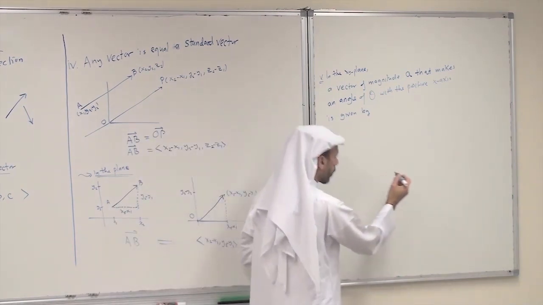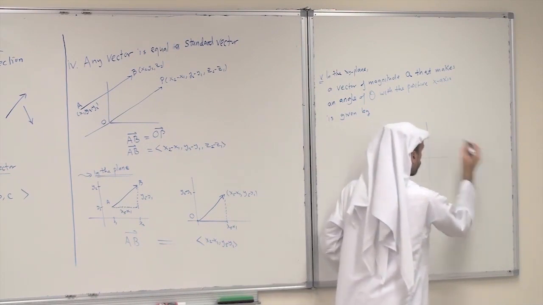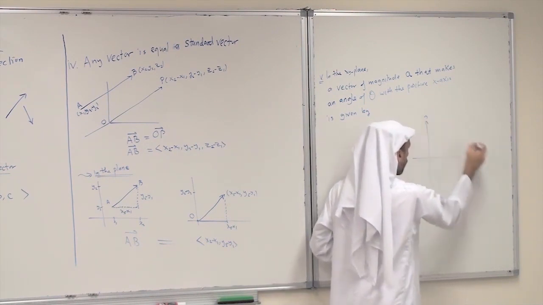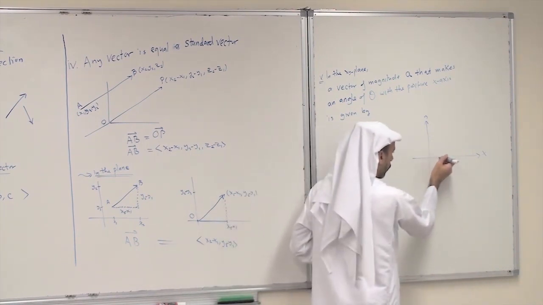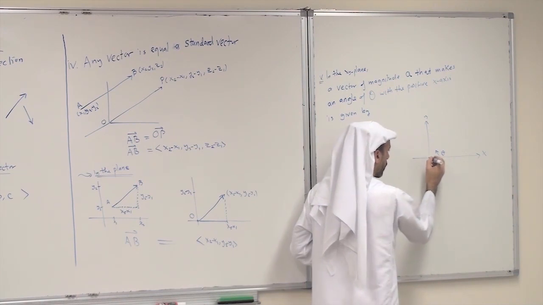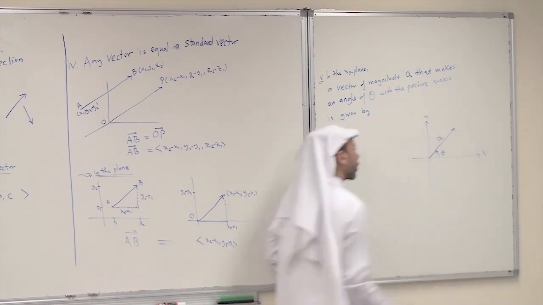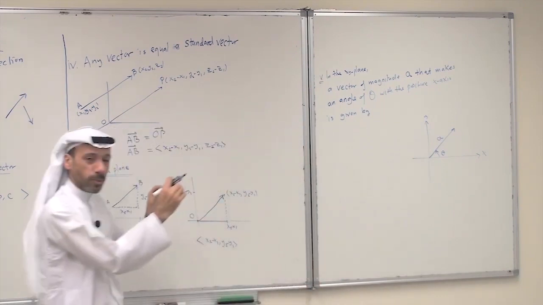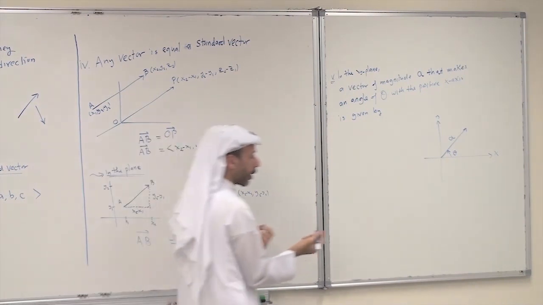We have the following. Now we are working in the xy plane, and we have a vector that makes an angle of theta with the positive x-axis, and its magnitude is A. We need to compute this vector, or what is this vector algebraically.